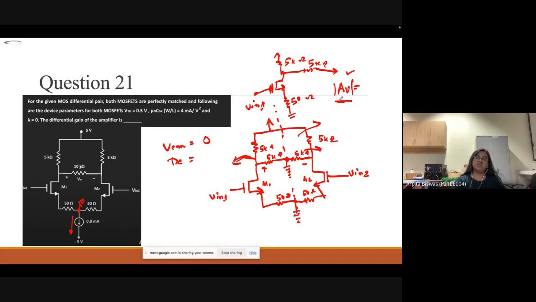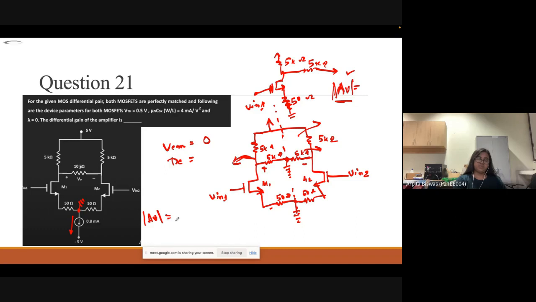If we take half of the circuit, half symmetry, then we can get the mod of AV. It behaves like a common source, but here the resistance is present. So what is the value of AV? How to calculate the AV?